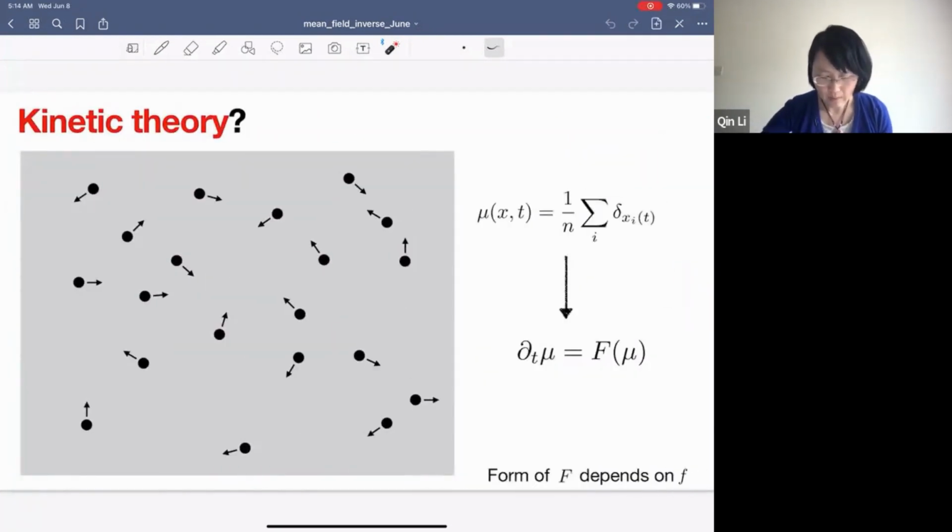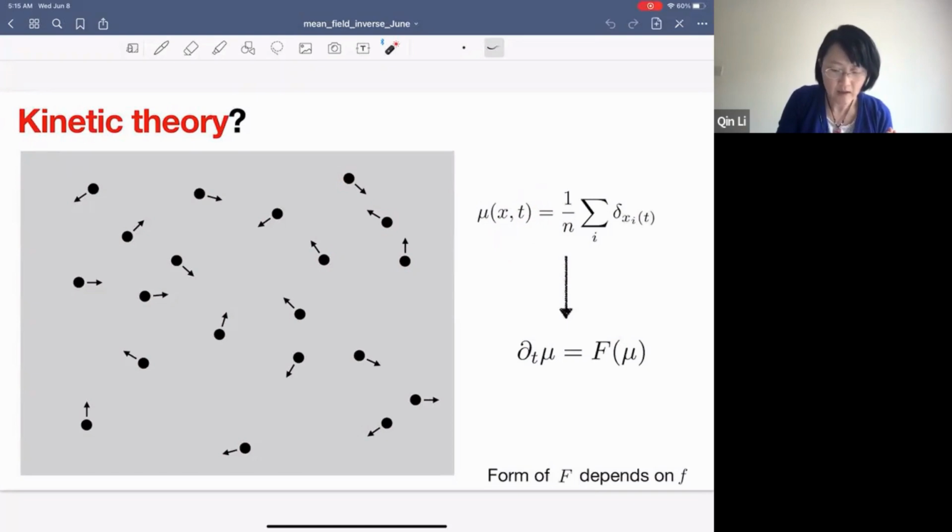Another way to describe particle dynamics is the PDE, partial differential equation. So over here, instead of tracing the trajectory of each particle, I simply neglect the differences between the particles. I view them as indistinguishable. And instead of tracing the trajectory of each particle, I write down their distribution. This distribution is a distribution of time and space.